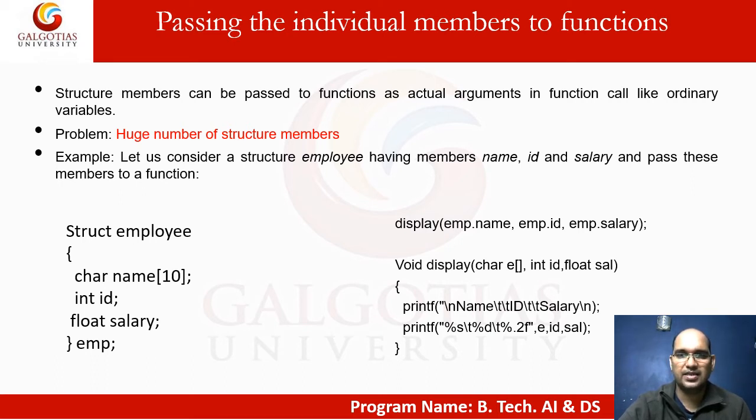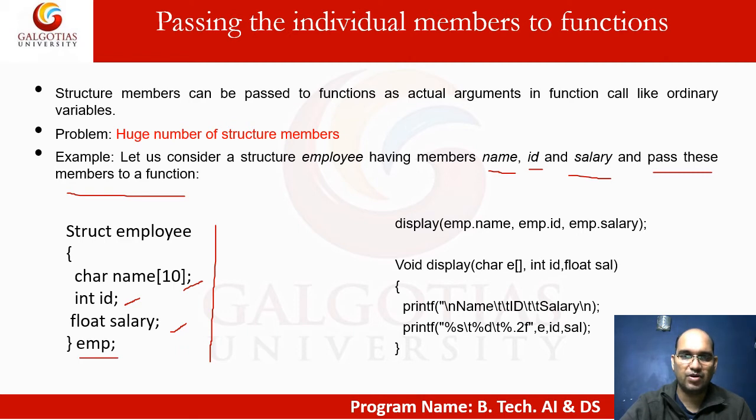Let us consider a structure employee having the members name, ID and salary, and pass these members to a function. So this is your struct employee. It has 3 members. The first one is name, second one is ID, and third one is salary, and the structure variable is EMP.